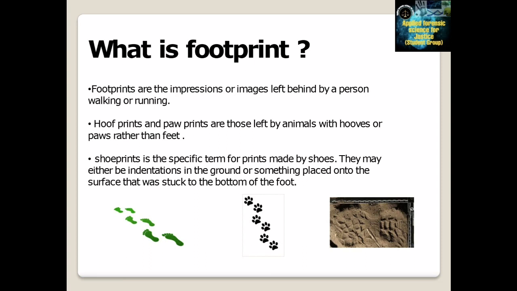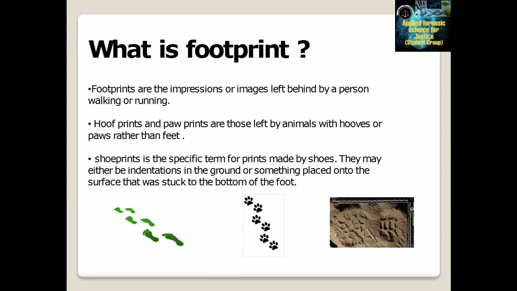We are most often confused between the three terms: footprints, hoof prints and shoe prints. So let's clear them. Footprints are the impressions or images left behind by a person walking or running. See the picture on the very left-hand side. It's a footprint impression. Now comes the hoof print.